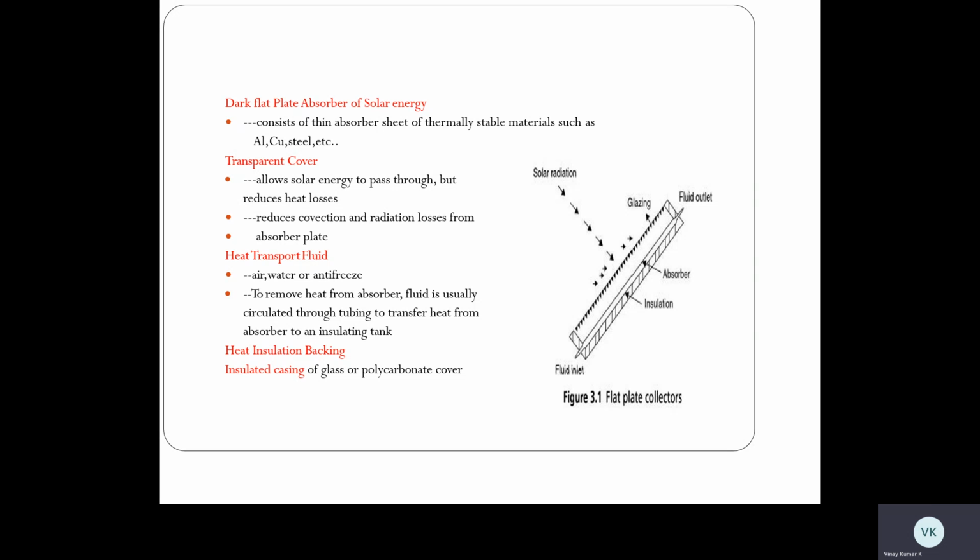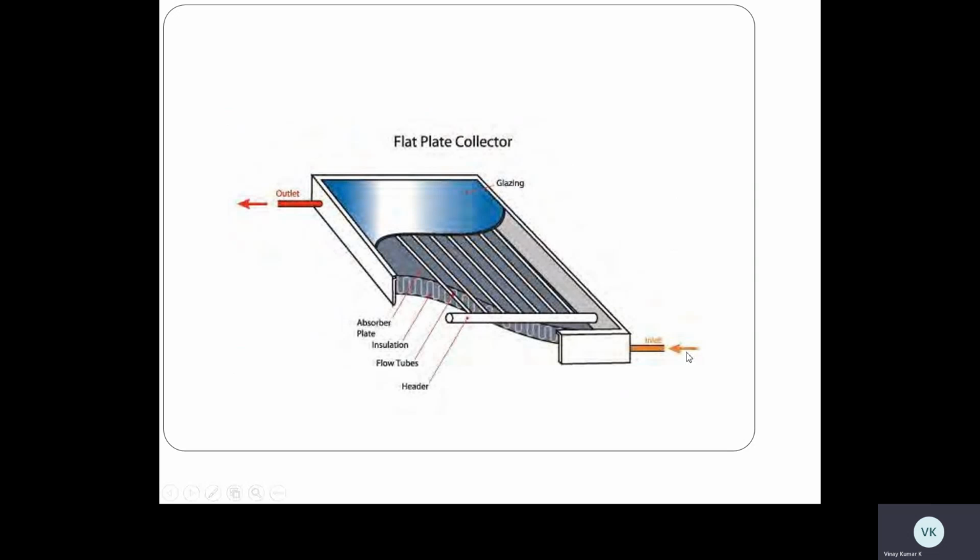These inlet tubes and outlet tubes transfer the liquid, mainly to absorb the heat content that may be present in the insulation and absorber plates. These pass the fluids to absorb the heat content, and transfer the heat content from the absorber modules and insulation modules.